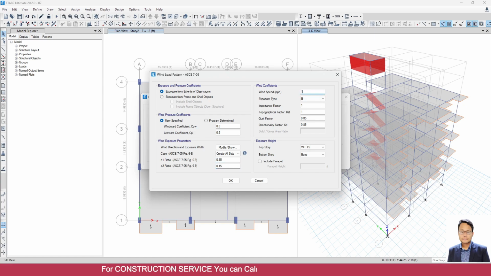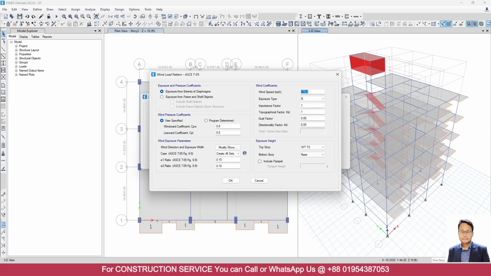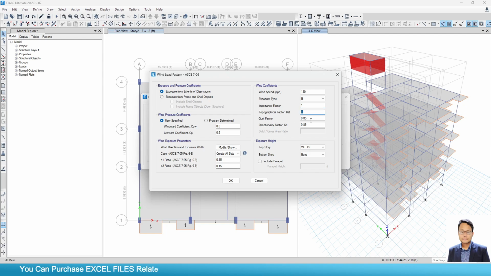Wind speed 179.2, or we can take 180 also. Exposure type, you can see here is no option for exposure type A. You have to take exposure B. Importance factor 1, topographical factor 1, Gust factor is also 0.85, directionality factor 0.85.